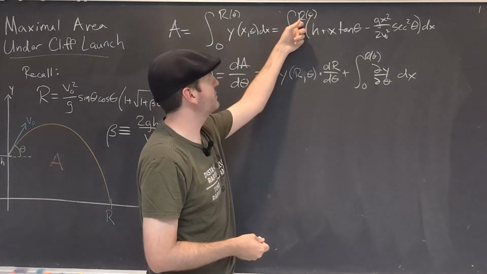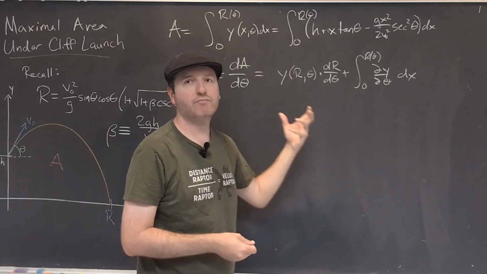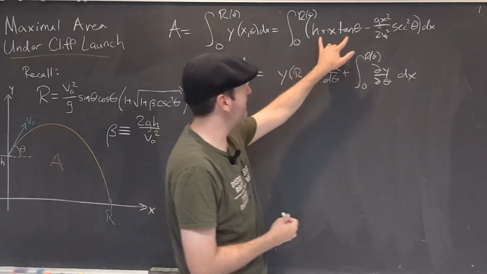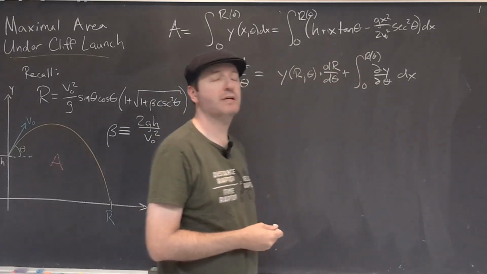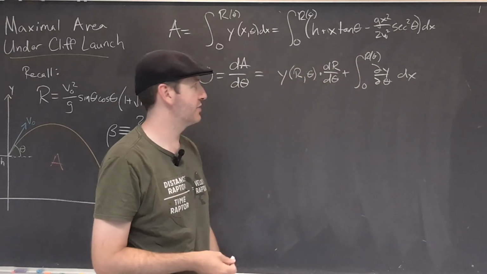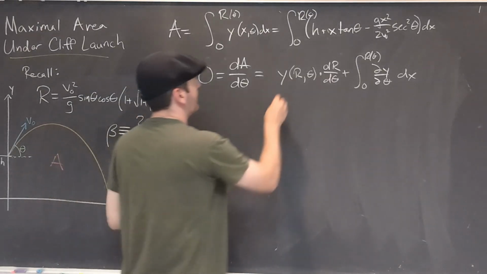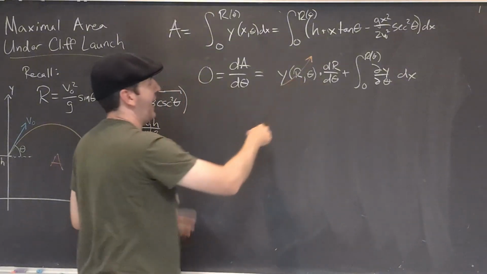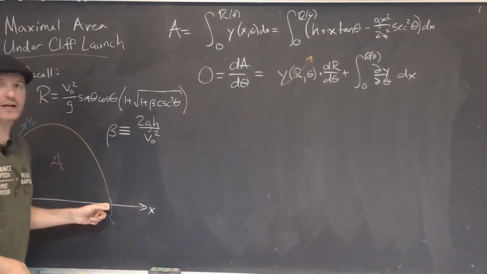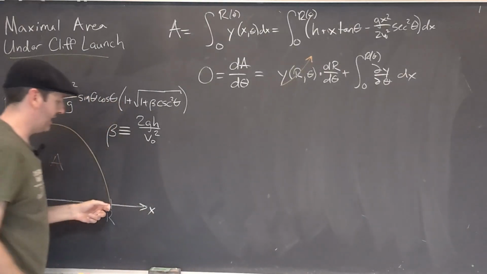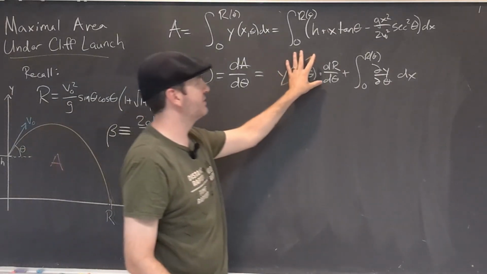It hits the bound during the fundamental theorem of calculus application, and because the integrand itself depends on theta, I have this second piece where it comes inside as a partial. Now the beauty about this is this first term is 0, because y at the range is 0. That's what I'm defining the range via. We're just saying that's where it hits the ground. So that term is 0.